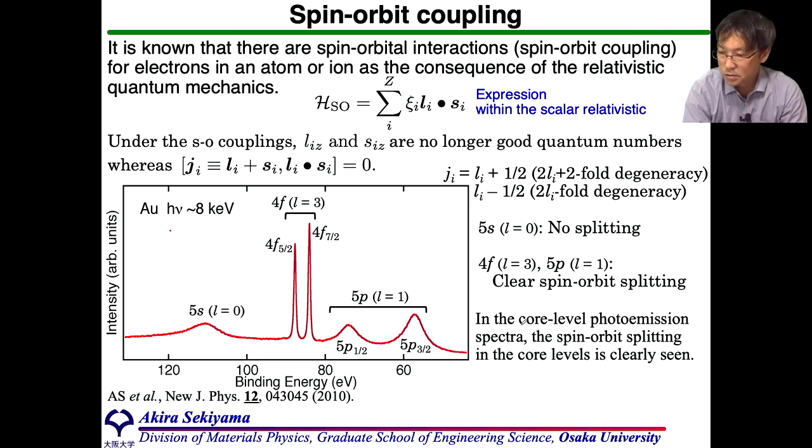It is known that in core-level photoemission spectra, the spin-orbit splitting of the core level is clearly seen, like this one. Okay? So this is an explanation of how to obtain information from the core-level photoemission spectrum.